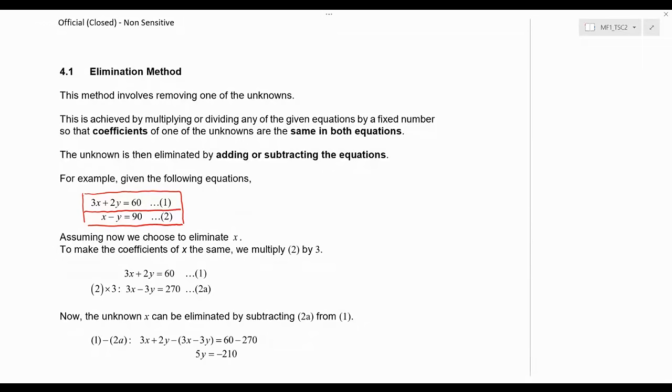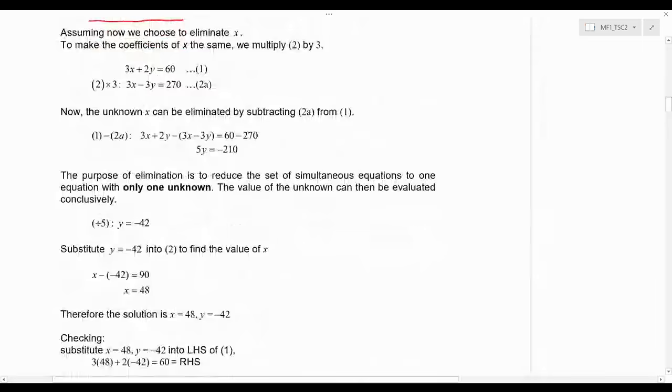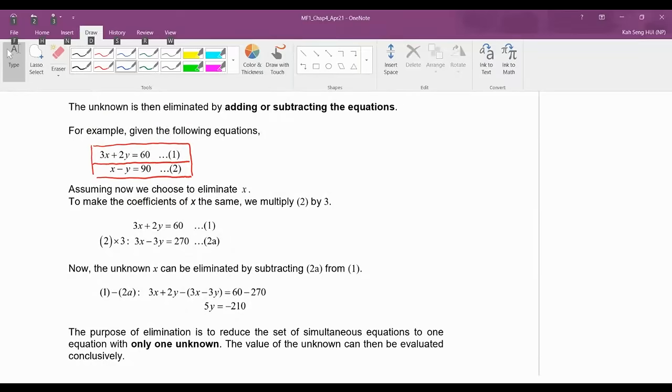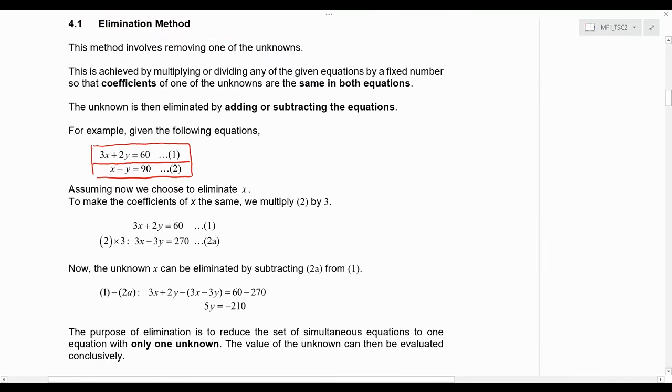Either way, it works. The idea is just to remove one of the variables. I'm going to show you the first one. Assume we choose to eliminate x. The first thing you want to do is to match the coefficient in order to do addition or subtraction.